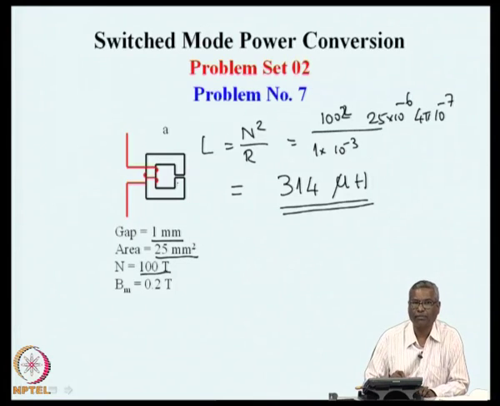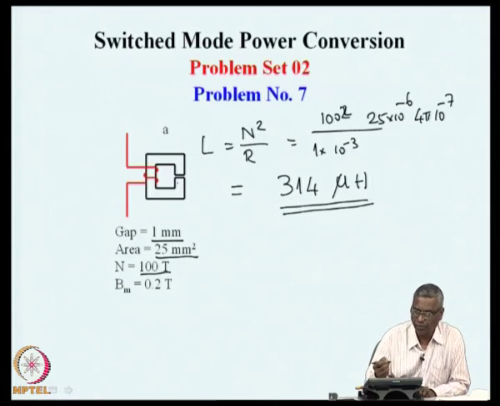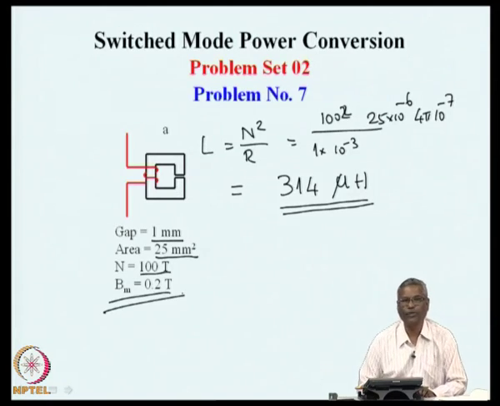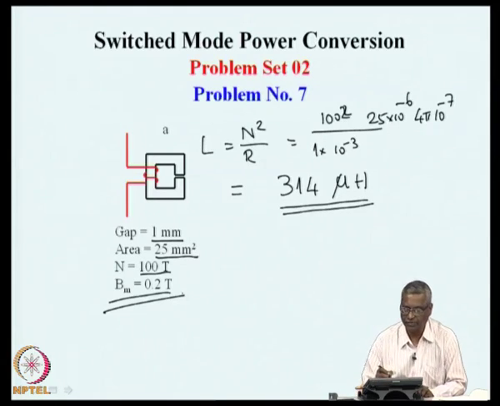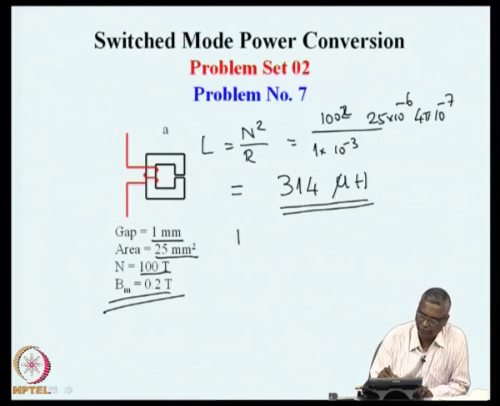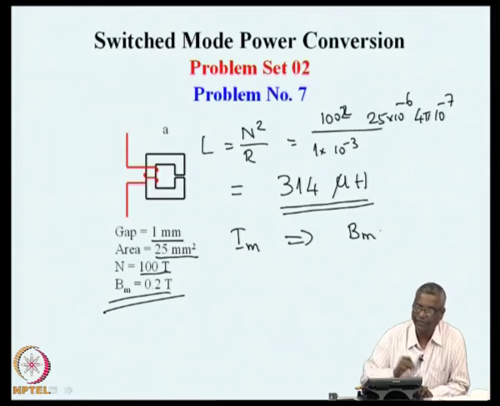So, the inductance that we have here has a value of 314 microhenry, but because it has a limited air gap, if we keep passing more and more current, at a certain current the flux density will reach Bm, 0.2 Tesla. Beyond that current the circuit will saturate. So, let us find out what is the current Im which corresponds to maximum flux density Bm.